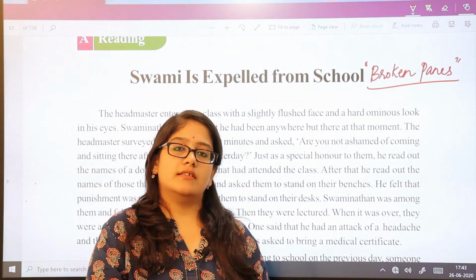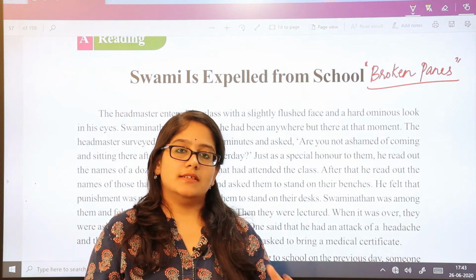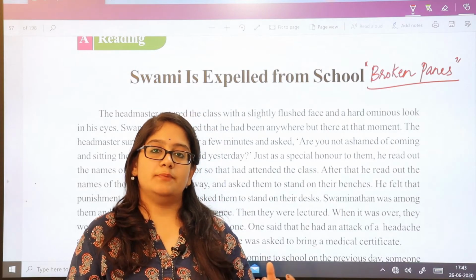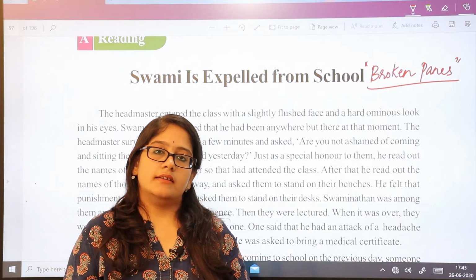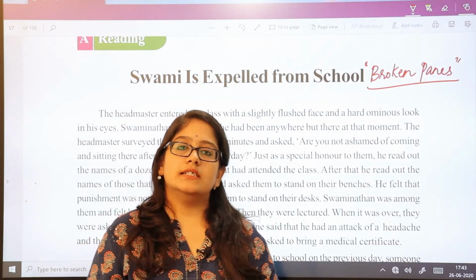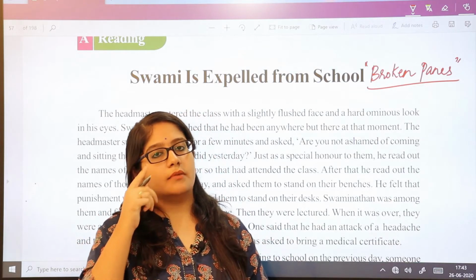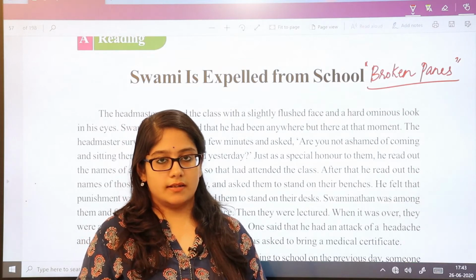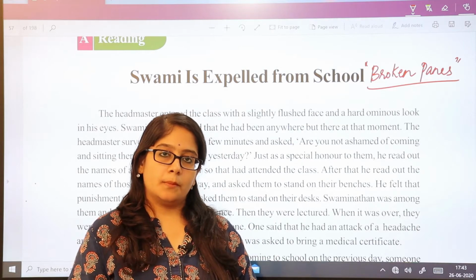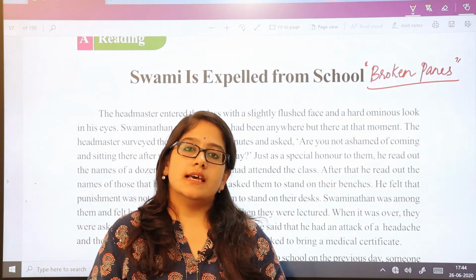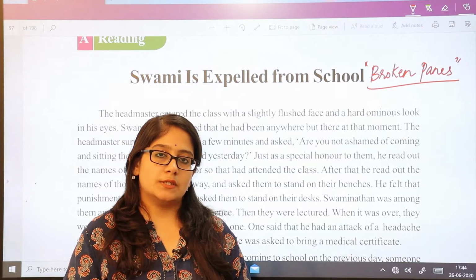Swami's father is depicted as an independent man who is apolitical in nature. Apolitical means a person who doesn't believe in politics. So Swami's father has a mind of his own. He is an independent man and he wants his son to be independent as well.